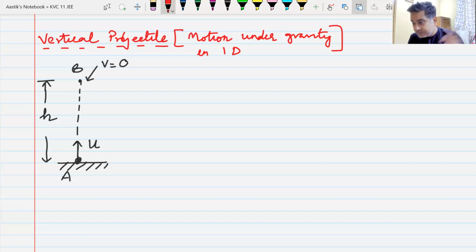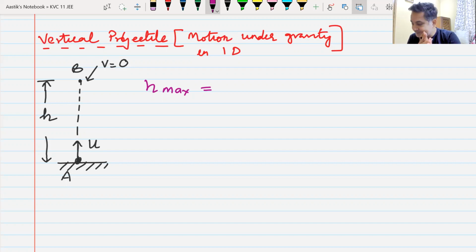Okay. Now, I had given you some formula for this. What was the formula for the maximum height it reaches? No one remembers it. Everyone is now going to look back.